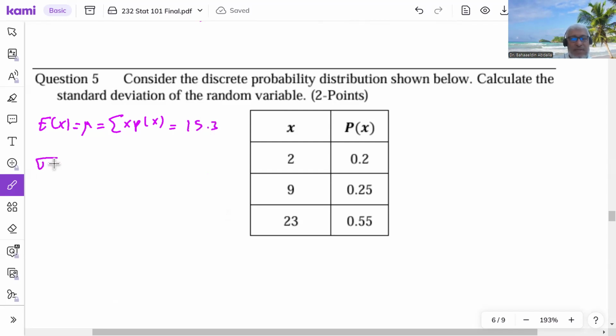And then sigma, the standard deviation, is by formula the square root of the summation of x minus mu squared times the probability of x. So x are these values.